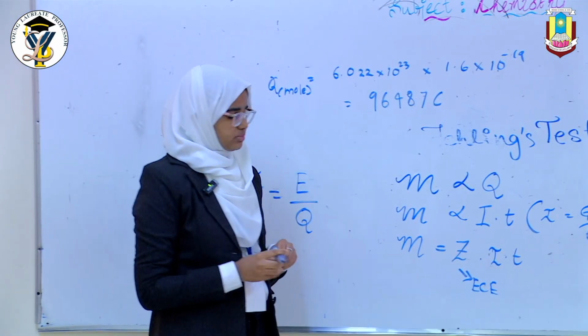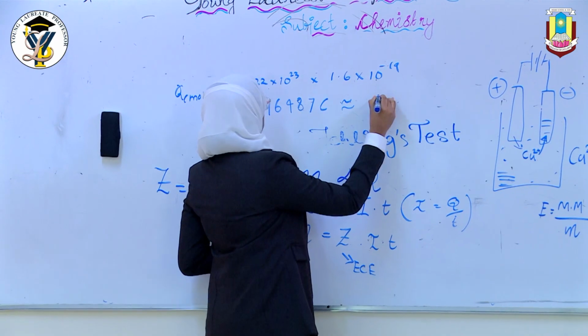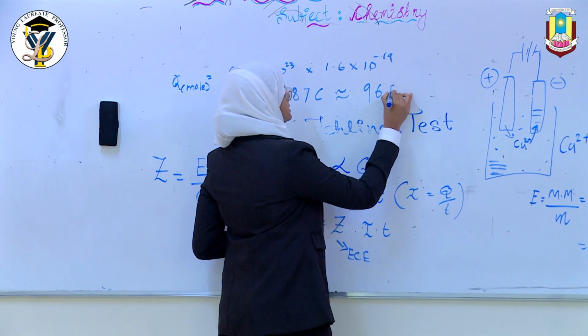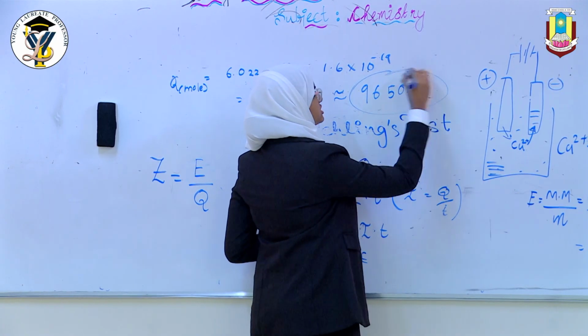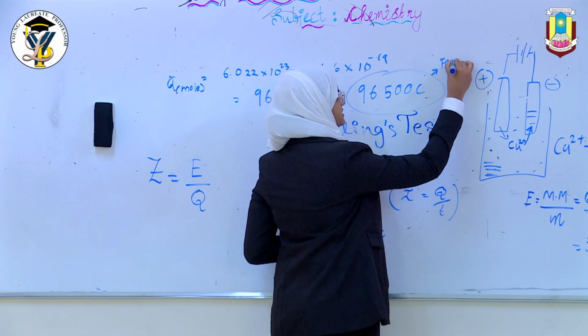For calculation purposes, we can round it off as 96,500 coulombs, and this constant is known as the Faraday's constant.